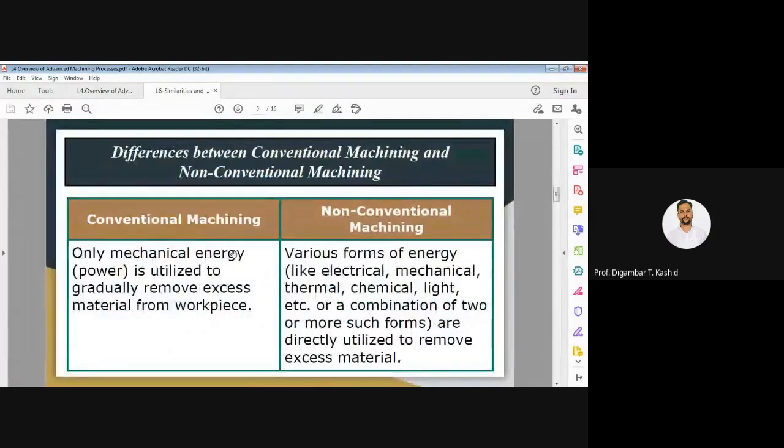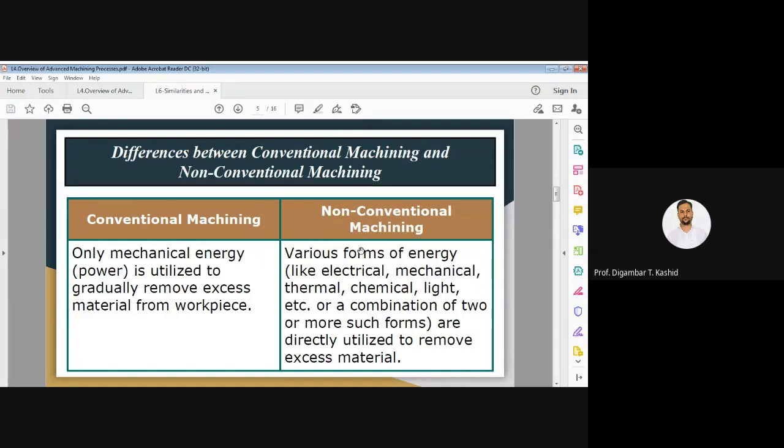Now, the main important part is the comparison between conventional and non-conventional processes. You can see here I have made two columns. In the first column you will get the points about conventional machining, and in the second column the points about non-conventional machining.